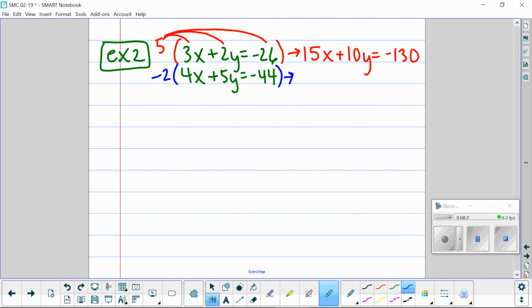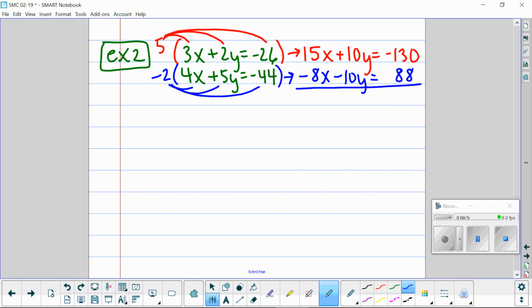And then I multiply the bottom equation by negative 2. That gives me negative 8x minus 10y. And then I multiplied these already, so now I'm doing negative 2 times negative 44, which is positive 88.